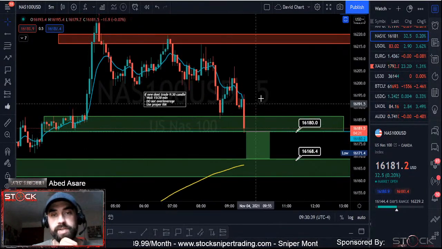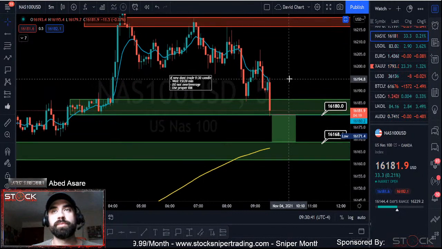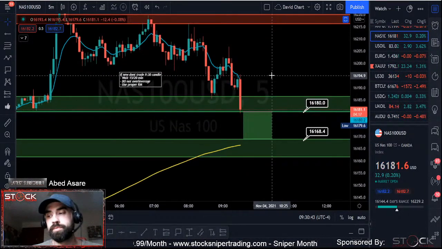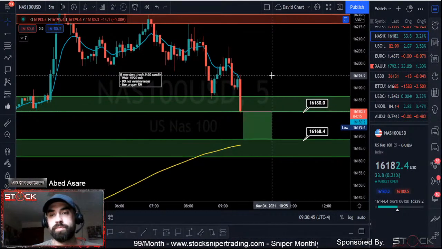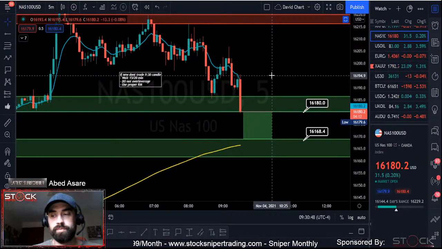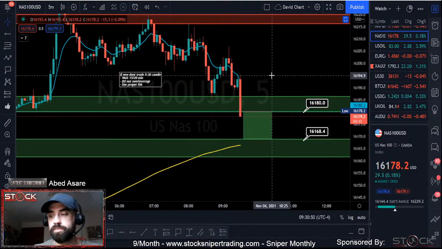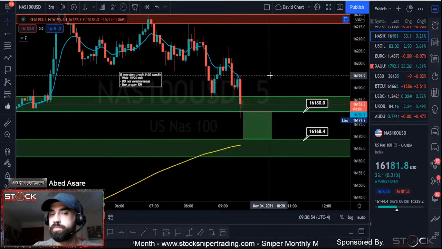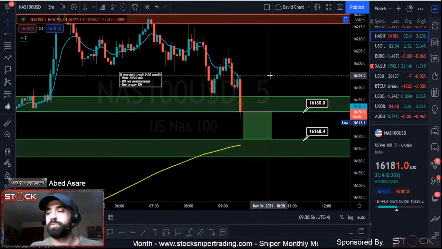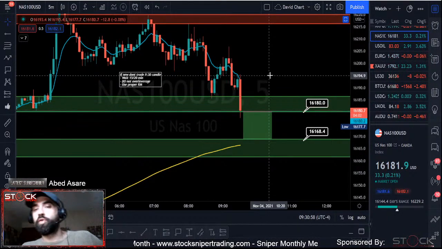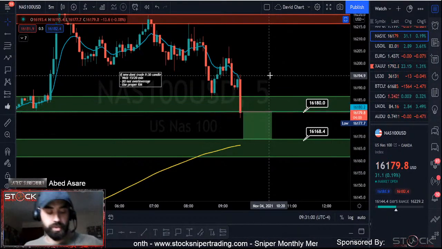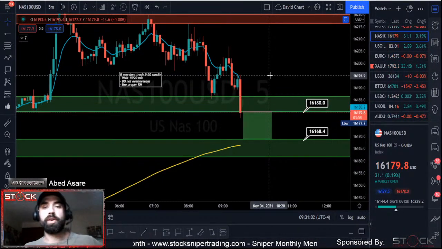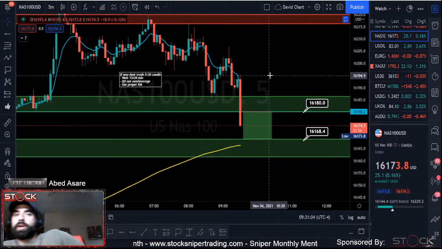Let's see now if we're going to get a nice retracement sell here. Four minutes left, right? So if you're still new, guys, you're not trading this candle, don't worry about it. We'll catch you on an overall replacement trade, okay?